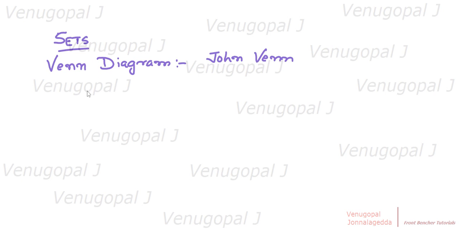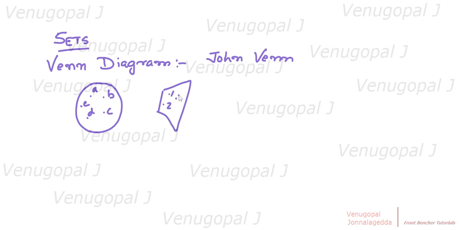So they're in various shapes. We can either have Venn diagrams in a circular form showing the elements as A, B, C, D, E, and we can have various shapes like these also. So you can say 1, you can say 2, you can say 3.